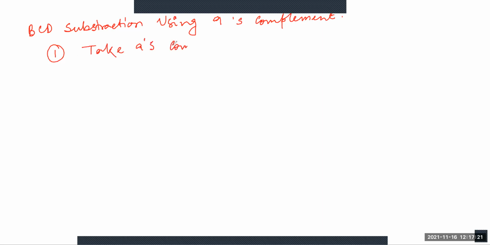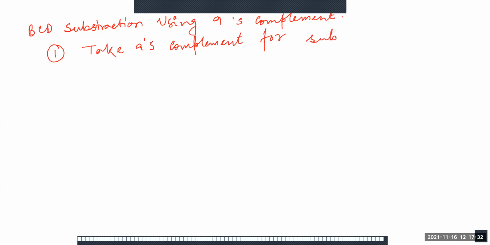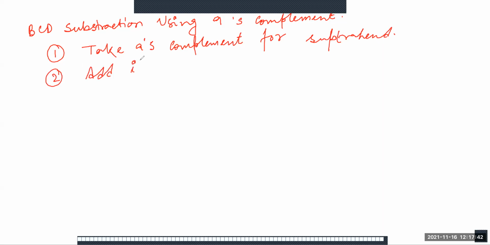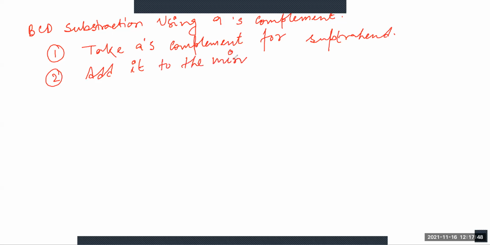First, take the 9's complement for the subtrahend. Next, add it to the minuend using BCD addition.